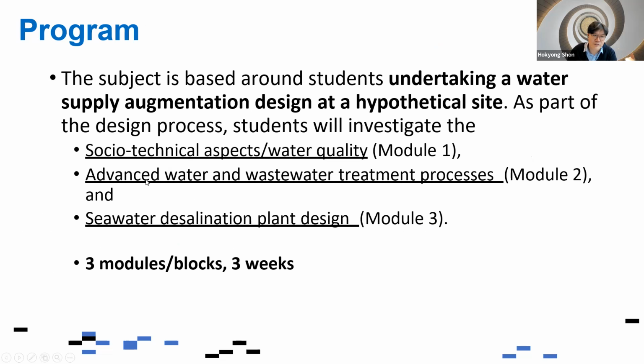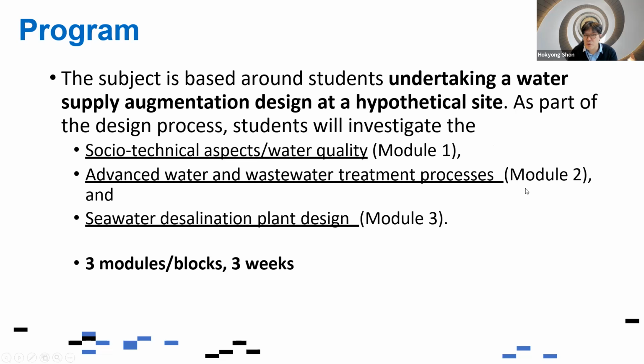So we have the first module, which is the socio-technical aspect, and then the second module is the advanced water and wastewater treatment processes. So what's the advanced and what's the conventional treatment process? We can discuss how we can differentiate, and what's the better way of this advanced wastewater treatment process design, compared with the conventional wastewater treatment process.